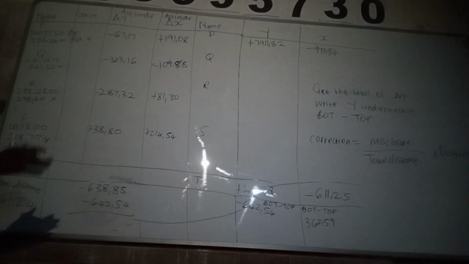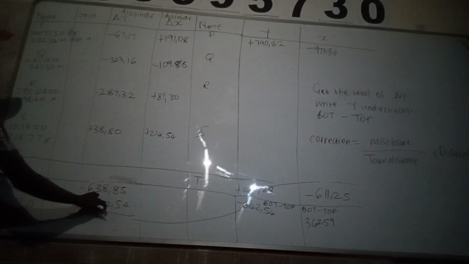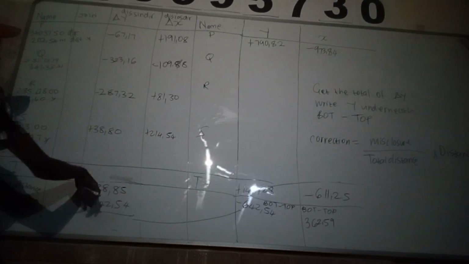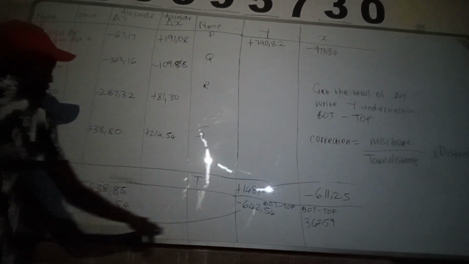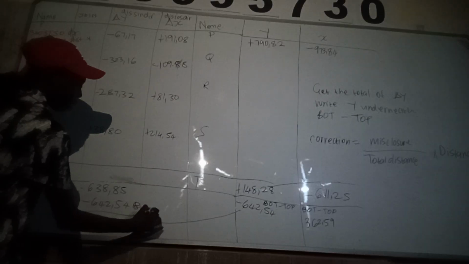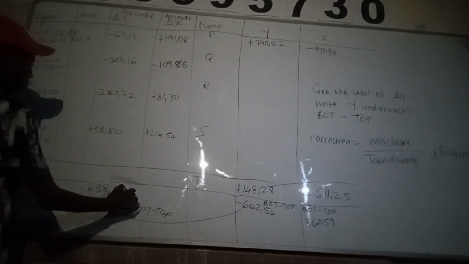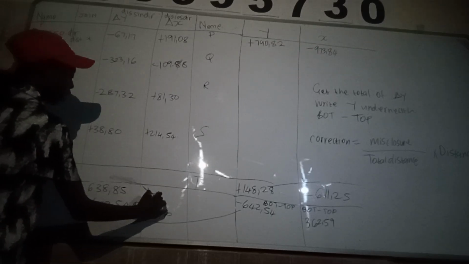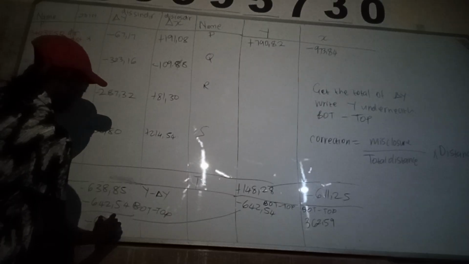You calculate on your own and then get the answers. I'm just showing you the procedures. So negative 638,85 is the total of change in y, and then this is the y that you got. So it's going to be bottom minus the top one. You're going to take this one, the y, minus the change in y. So it's y minus change in y, and then you get negative 6,67.